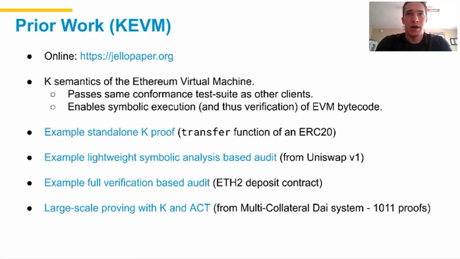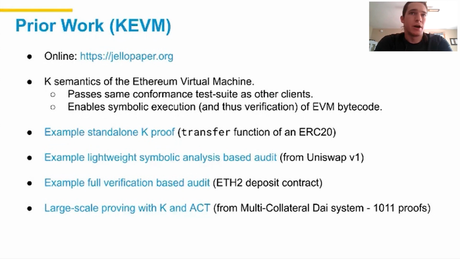So we know it's compatible with Geth and Parity and these other large clients that run the huge Ethereum conformance test suite. But it also is able to do symbolic execution, which enables verification of EVM bytecode. So that's different than the other clients. There's a lot of tools out there that can do some type of symbolic execution or verification of EVM bytecode.